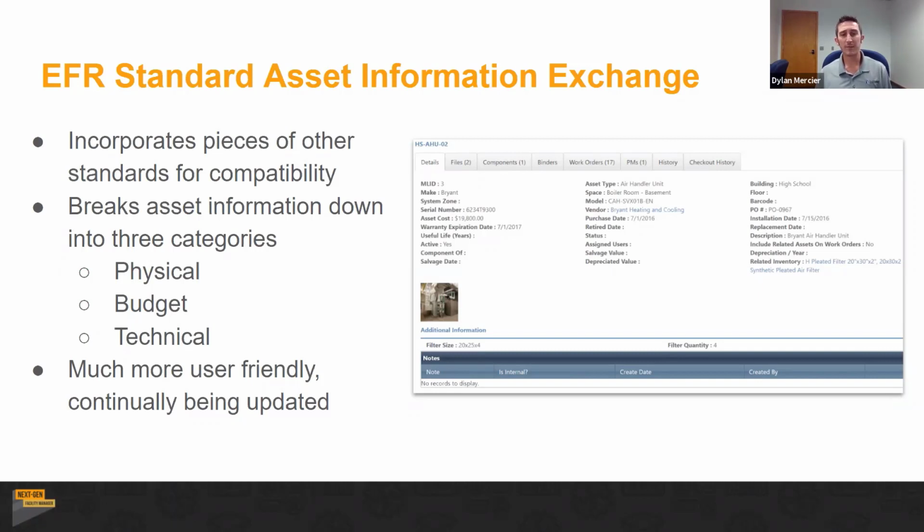We try and break the information down into three main buckets. It's the physical information, the budgetary information, and the technical information. Not all of them are required. All we typically require is the space of where it resides within the building and a unique name.